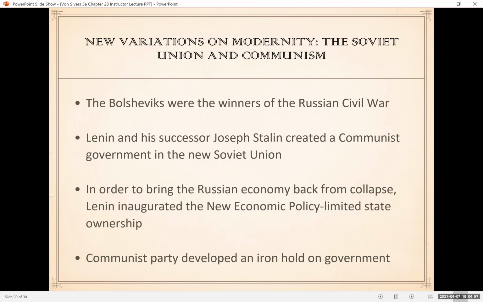And so consequently, Lenin is going to promise that if they join the Bolshevik Revolution, they will get peace, land, and bread. That was his revolutionary cry: peace, land, and bread. And so the military joins him.